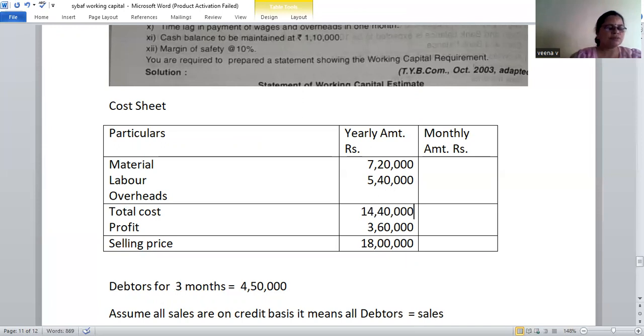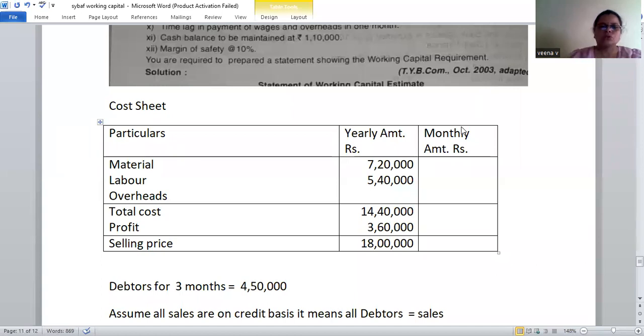From this 14,40,000, we have to deduct the material and labor. So 14,40,000 minus 7,20,000 minus 5,40,000 is equal to 1,80,000, which will be our overheads. So here we have to write 1,80,000.